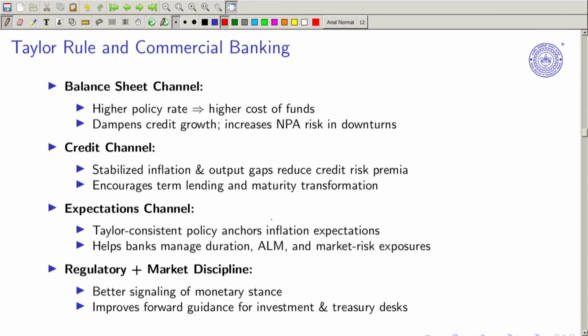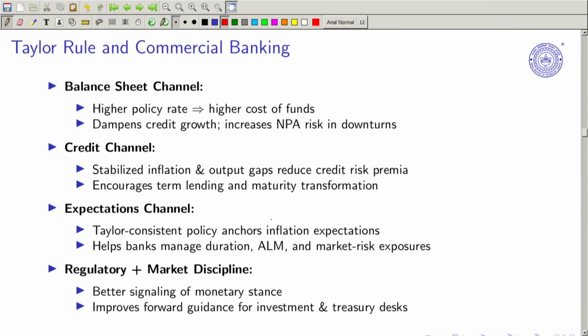Now here again, if you think in terms of the role of the Taylor rule in commercial banking, you can think about the balance sheet channel, which is like when we have a high policy rate, it impacts your borrowing and lending, and as a result, you see a higher cost of funds, and you see a lot of projects not going ahead.